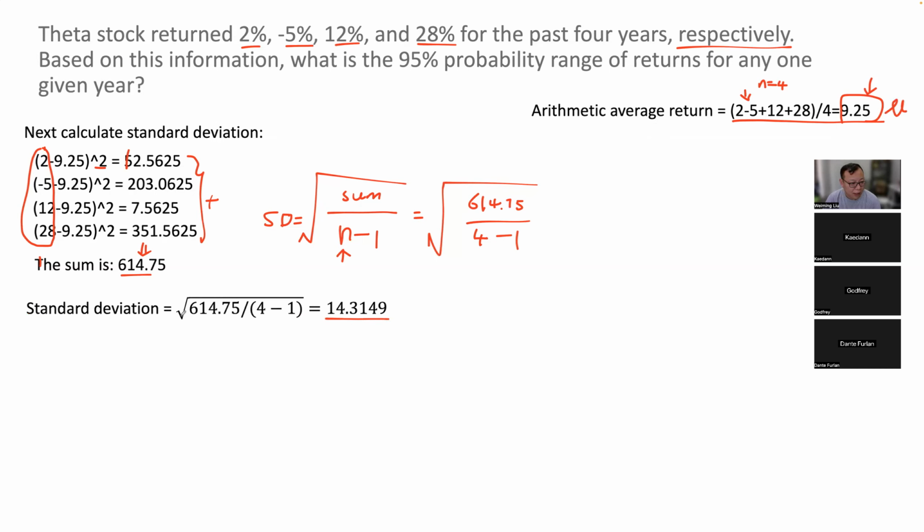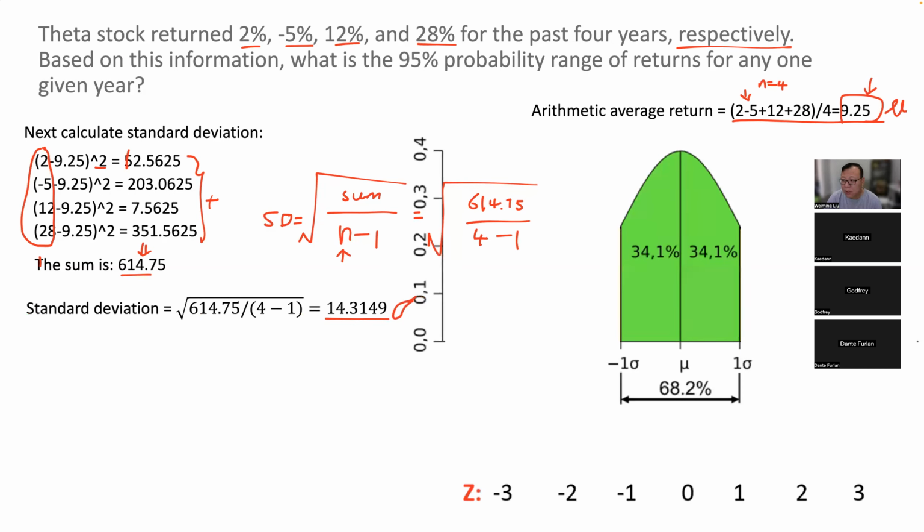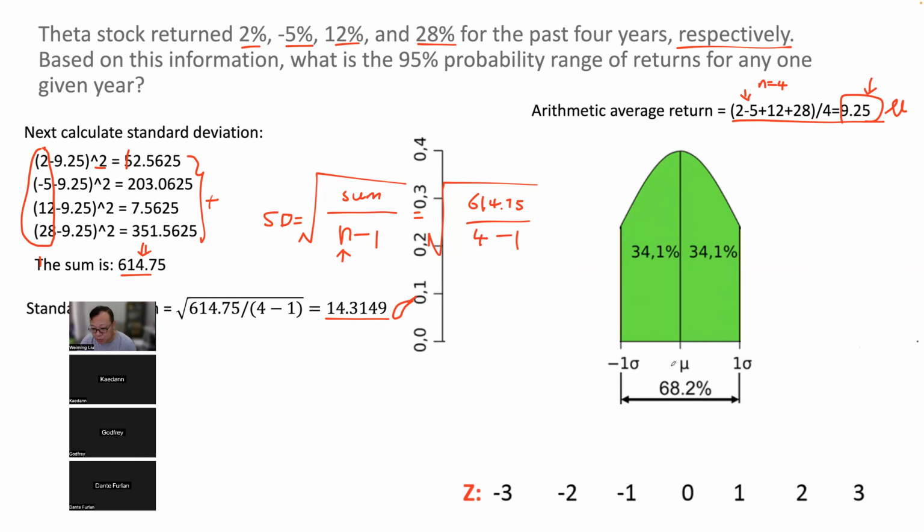And for this one, standard deviation is this sigma type of symbol, okay? So what does this mean? I'm going to show you the picture. So in this normal distribution, this is the mu, this is the average, the mean.